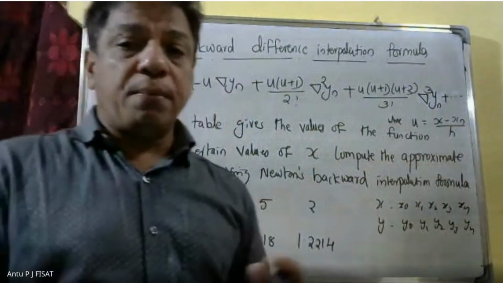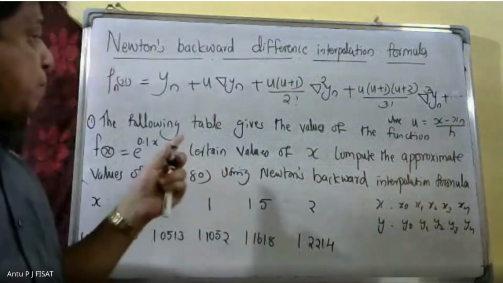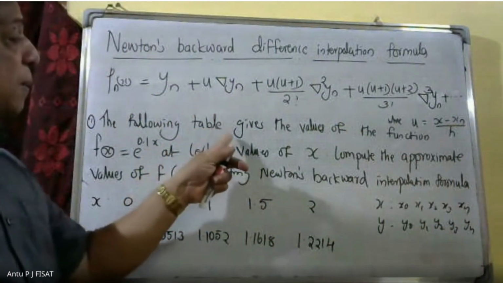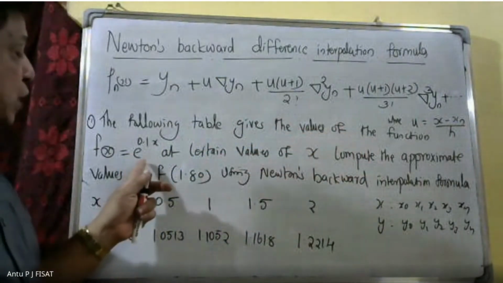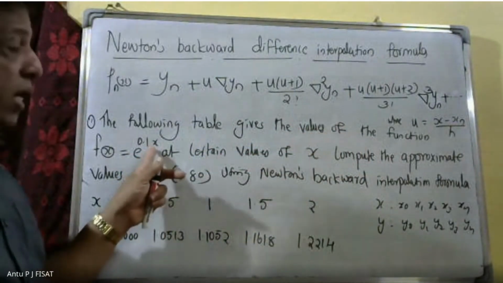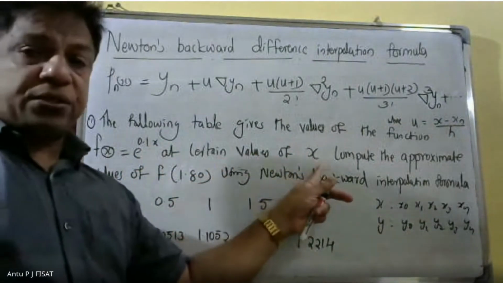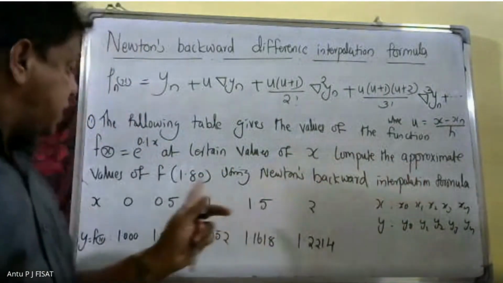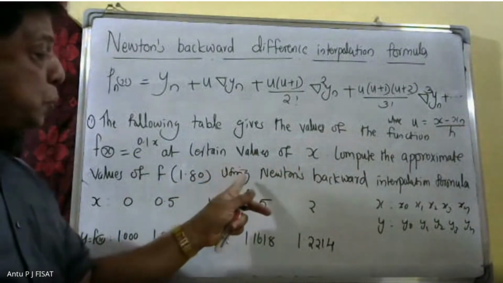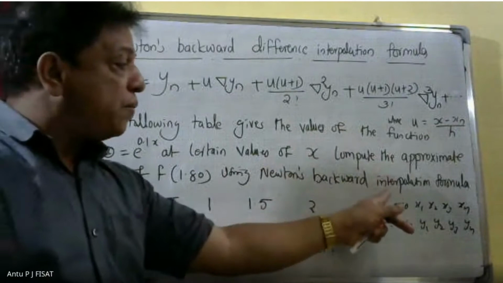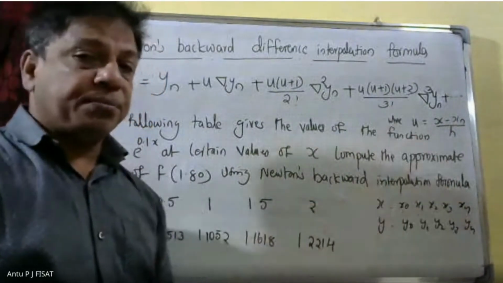We can do one problem based on this formula. The problem says that the following table gives the values of the function f of x is equal to e raised to 0.1x at certain values of x. Compute the approximate value of f of 1.80 using Newton's backward interpolation formula.